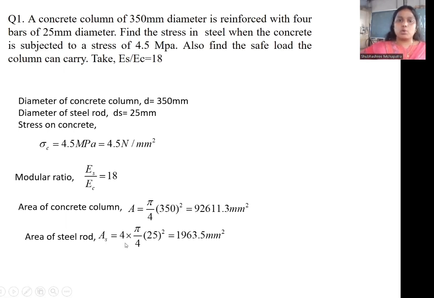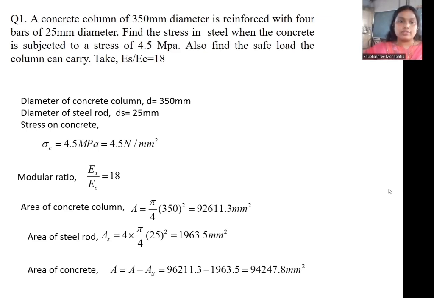So 4 into pi by 4 d square, that is 4 into pi by 4 into 25 square. So we get the area for all 4 steel rods. Then the area of the concrete is the area of the total concrete column minus the area of the steel rods. So the area of the total concrete column is this, minus the area of the steel rods, which is this.